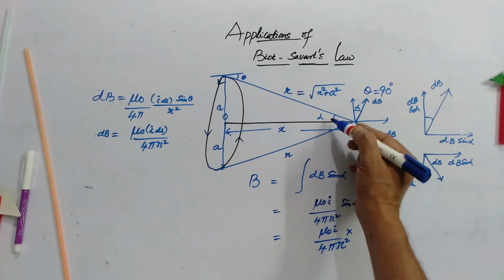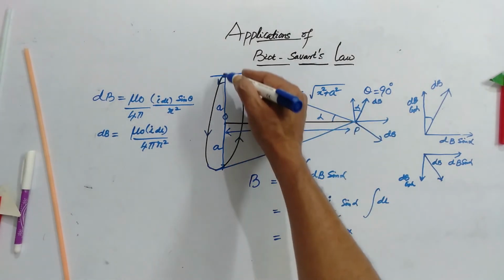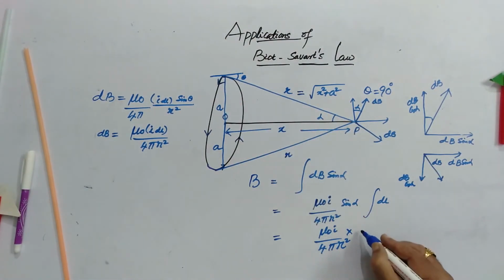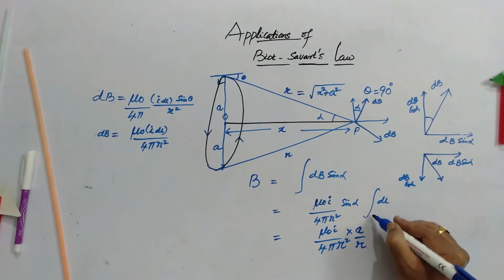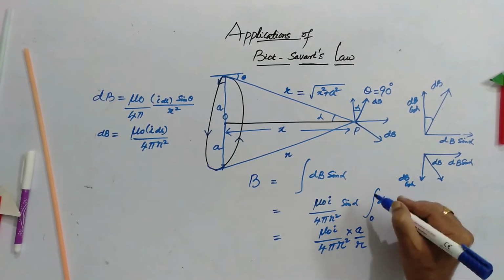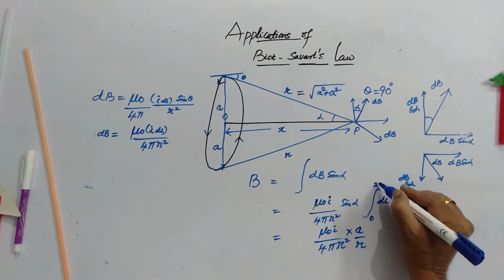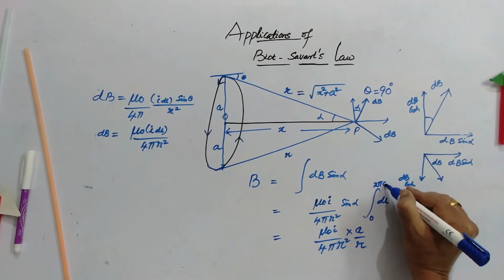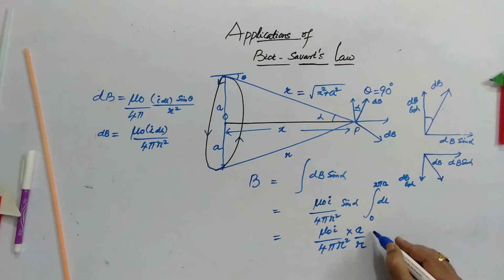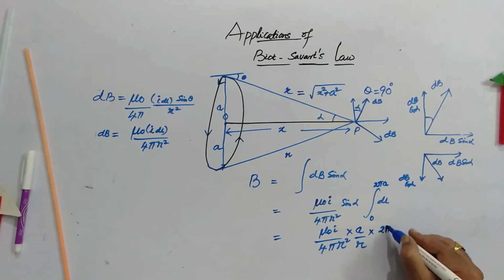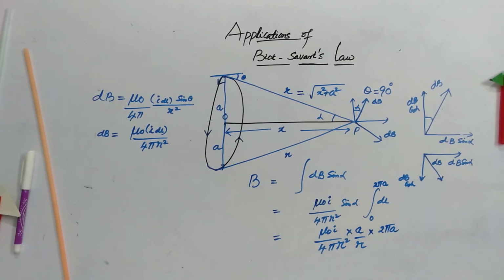What is sin alpha from this triangle? It is a by r. And what is the integral of the total current element? In the previous case also we have done. Only the difference is here a is the radius. So it will be 2 pi a.